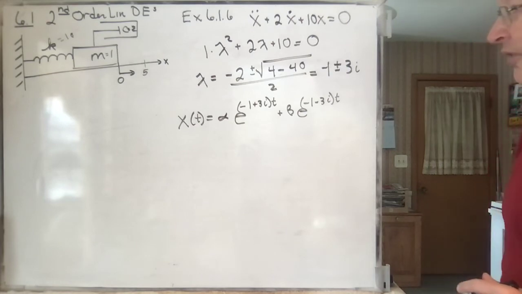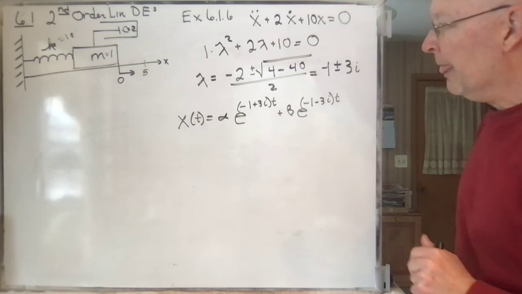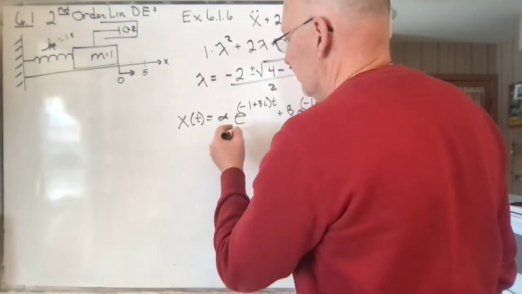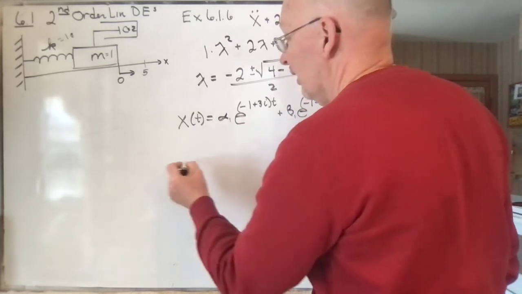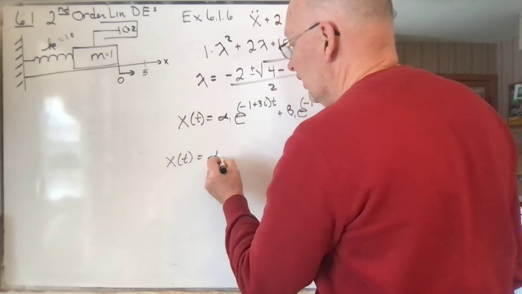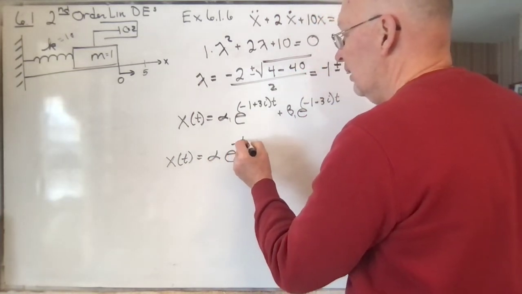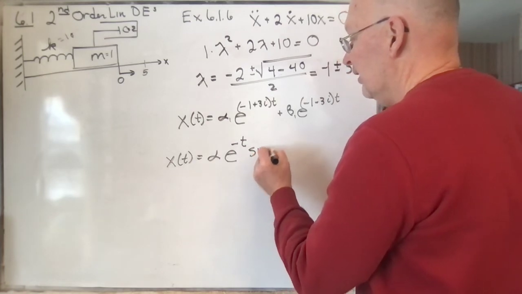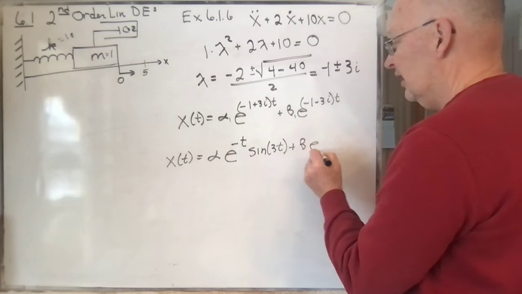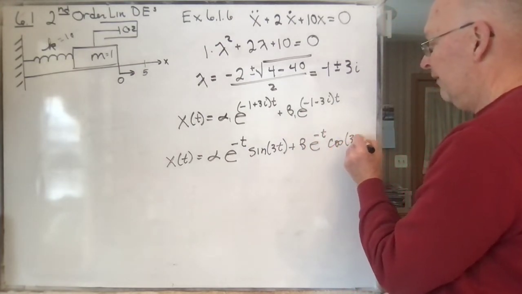Instead of writing it like this, you can instead write it like this, with different constants. x of t is going to be alpha e to the negative t times the sine of 3t plus beta e to the negative t times the cosine of 3t.